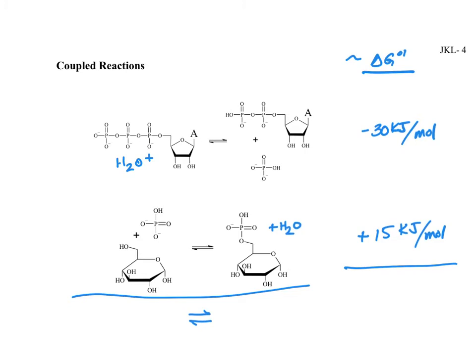Okay, when we cross things out that are on both sides, we can cross out water and we can cross out phosphate. And what we're left with is a coupled reaction in which ATP and glucose come together on one enzyme, and we end up transferring a phosphate from ATP to the glucose to make ADP and glucose 6-phosphate.